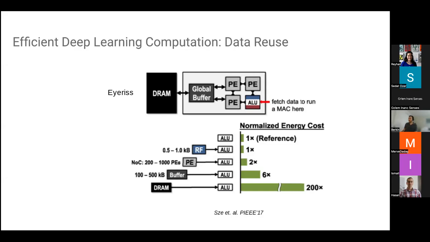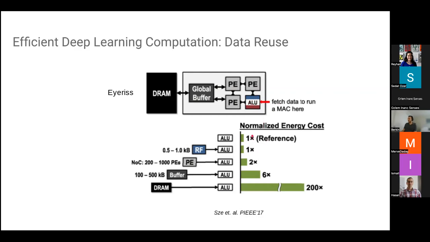So one of the concepts is data reuse, and why this is important, right? So this is from the Eyeriss paper. This is one of the earlier AI accelerators, published in 2017. It is demonstrating a relatively simplistic architecture where we have an external DRAM and some internal global buffer and a set of PEs. And in each PE, there is a register file and ALU, right? And then we do the multiply accumulate, the core of the computation, in each ALU. So we need to fetch the data all the way to here so that we can do the computation.